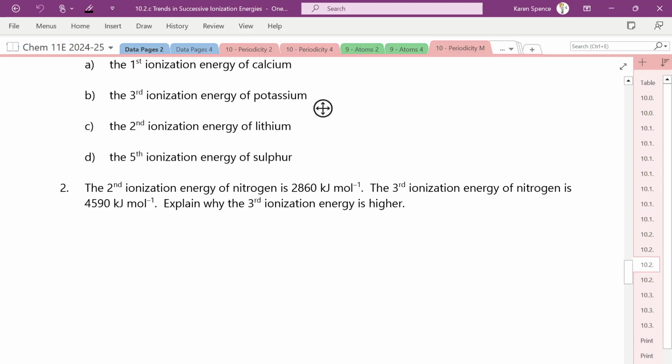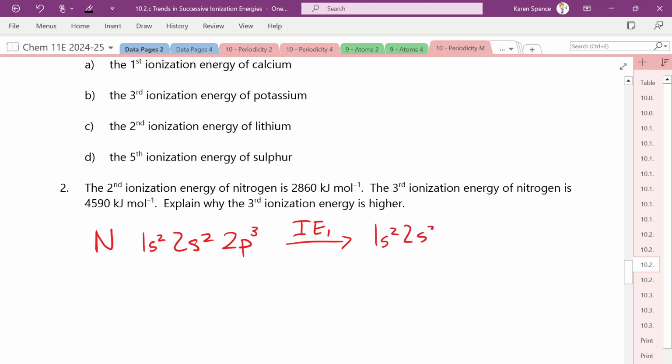So nitrogen is 1s2, 2s2, 2p3. The first ionization energy will take us to 1s2, 2s2, 2p2.